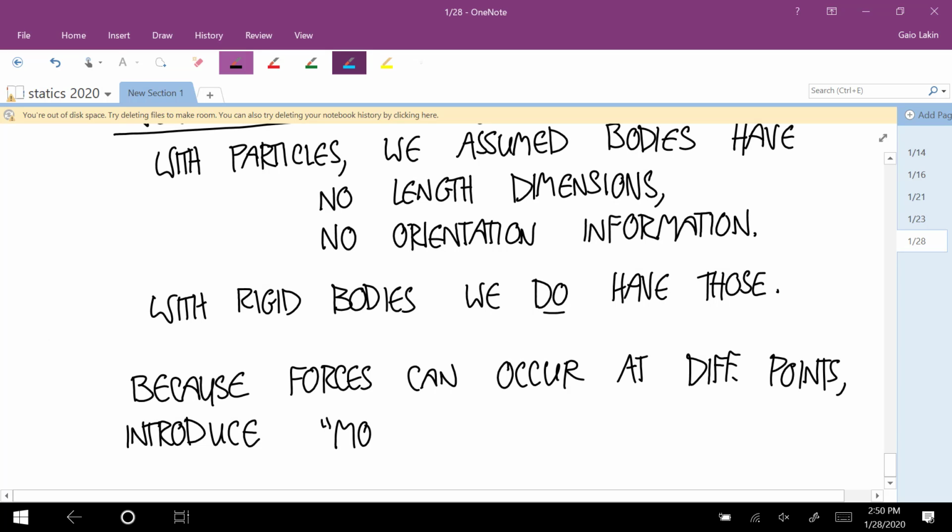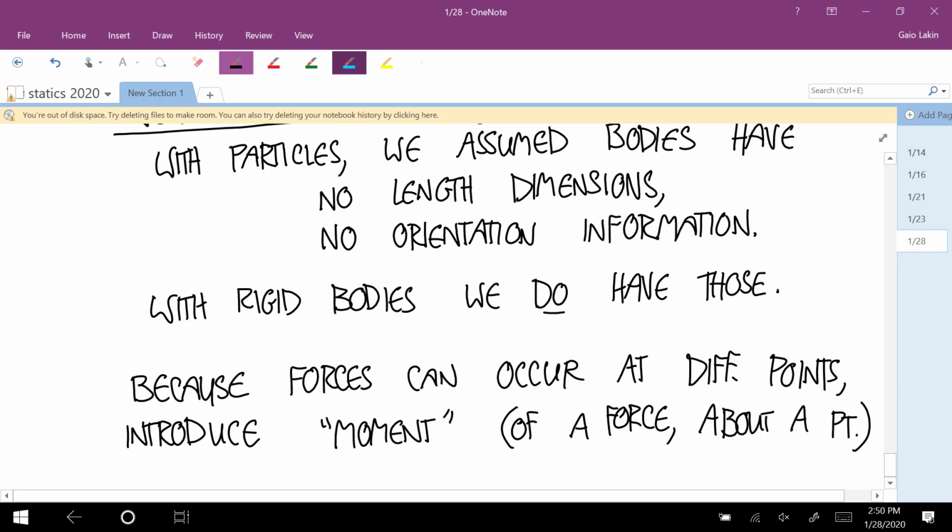People just call it a moment, but what it really is is a moment of a force about a point. A moment, by the way, is just a mathematical term.